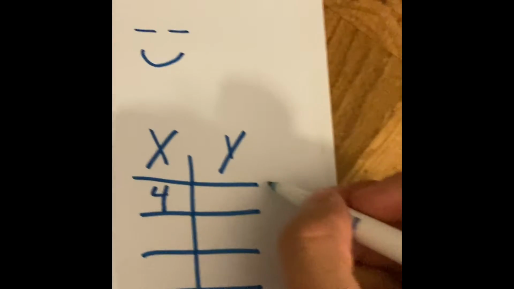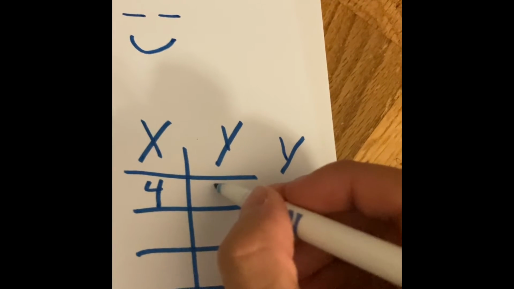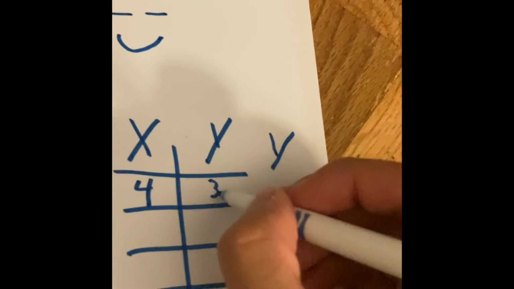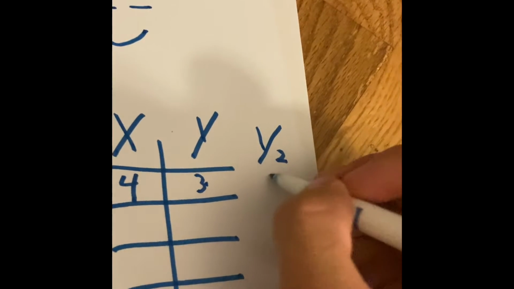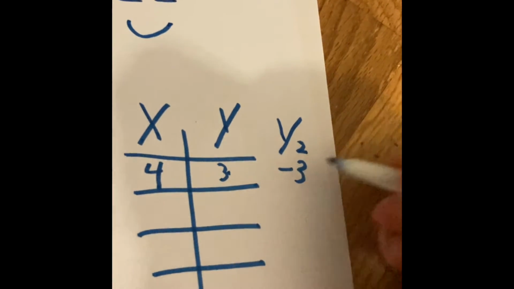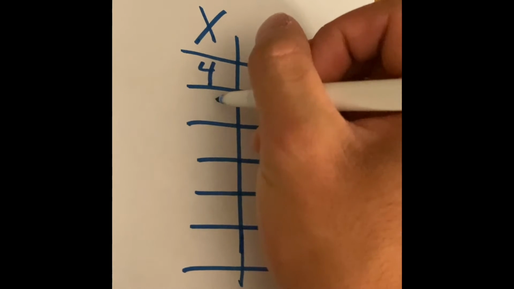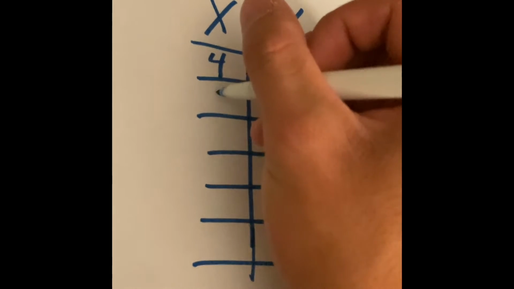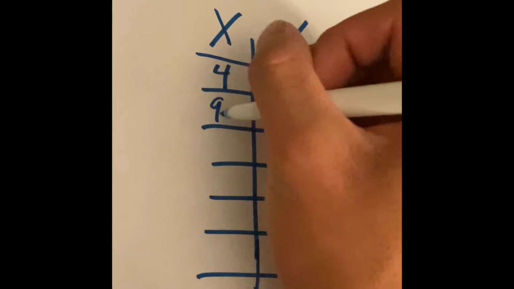So what we're going to do is insert another y, and we're going to say our first output, or our first result, was 3, and our second is going to become negative 3. There's a pattern that we're going to be finding out. Let's try and insert another number in for x. So let's try and insert 9 in for x.